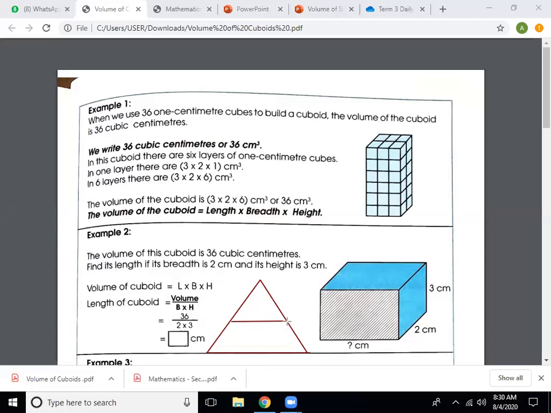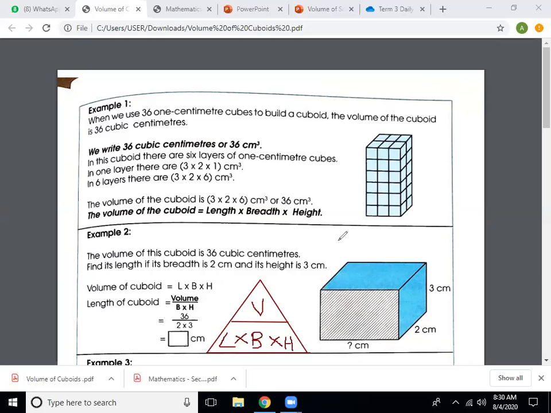So how do you find volume? You find volume by taking the length and multiplying it by the breadth and multiplying it by the height. That is the formula to learn.